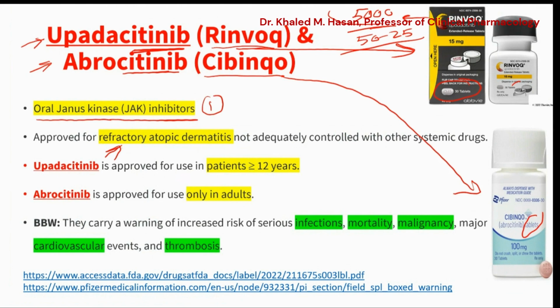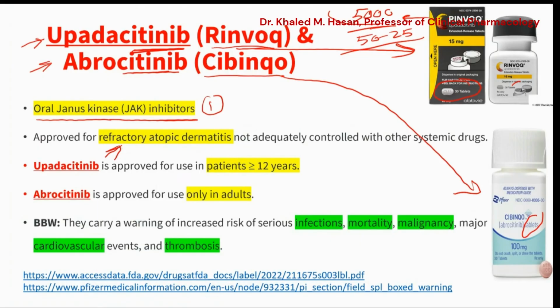Maybe I'm going to explain it in my way, and you correct me if I'm wrong. Refractory means the disease does not respond to the conventional treatment. We tried everything and the patient didn't respond. What do you think? Do you agree with this one? So please remember, refractory means not responding to the other treatment. We try everything and the patient does not respond. This is a key word for this treatment here.